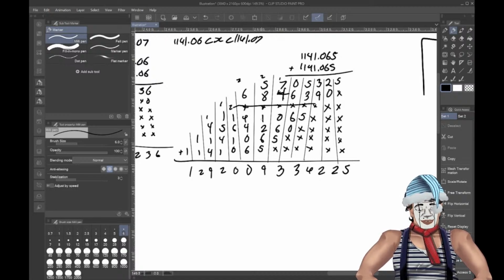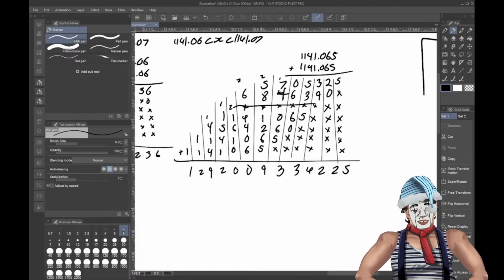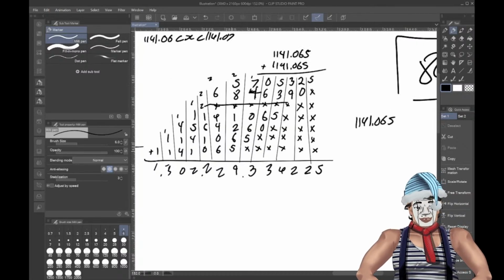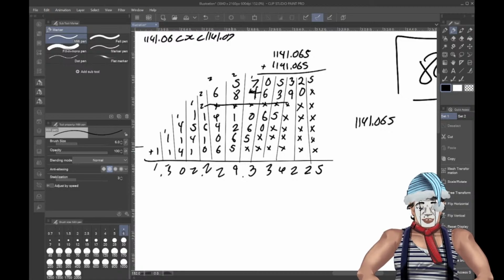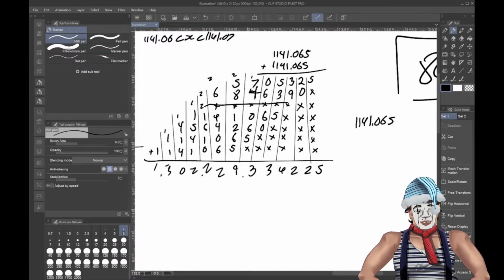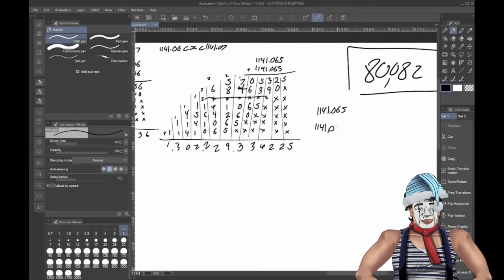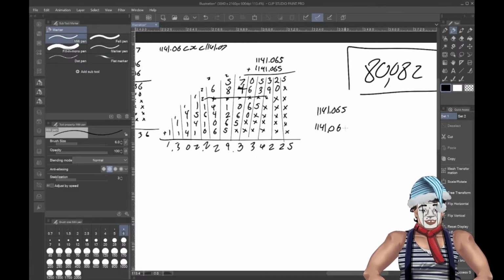That's 10, 15, 16. 18. 18 plus 11. 11, right? 18 plus 11. 29. 9, bring the 2 over. That's 10. That's 16. 22. Well, even so, this number's still too large. That means our range is 1141.06 and 1141.065. Wow.